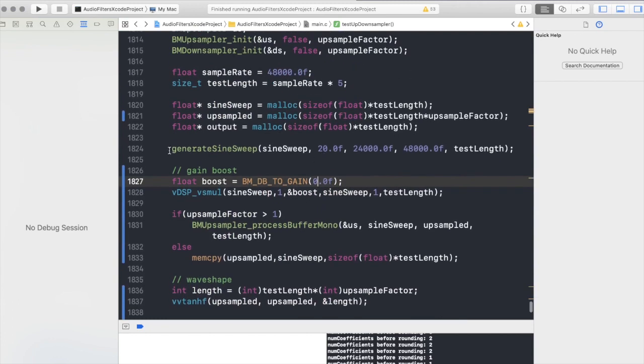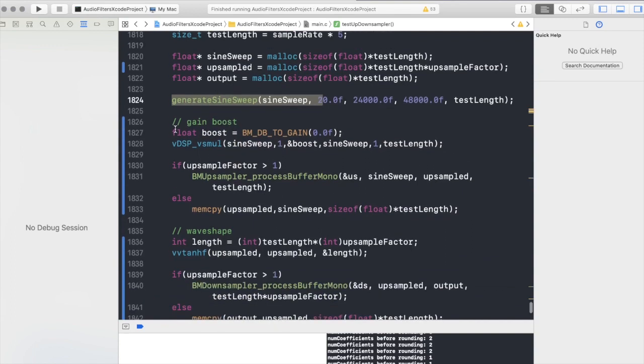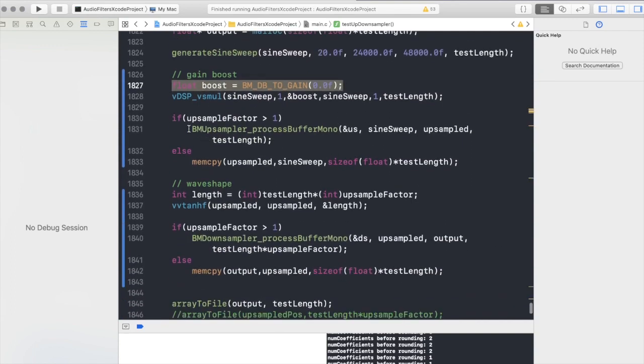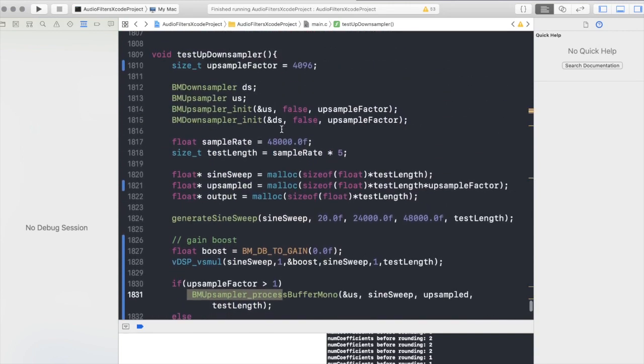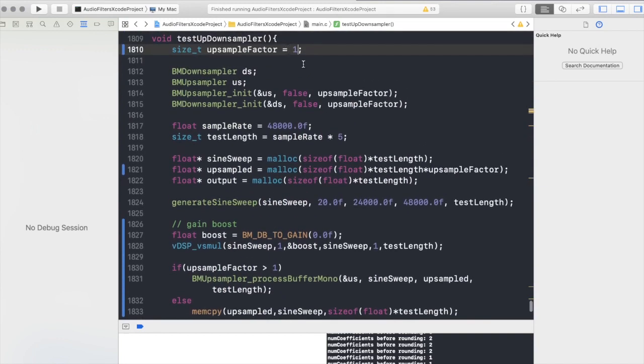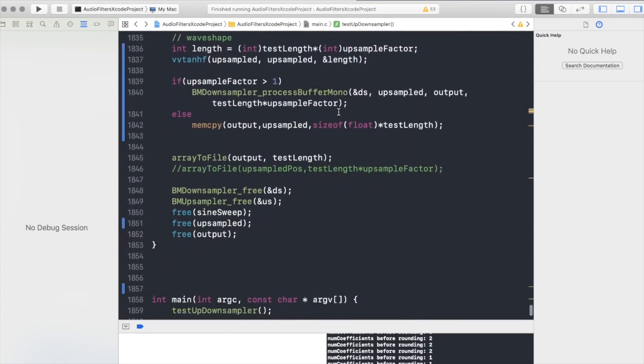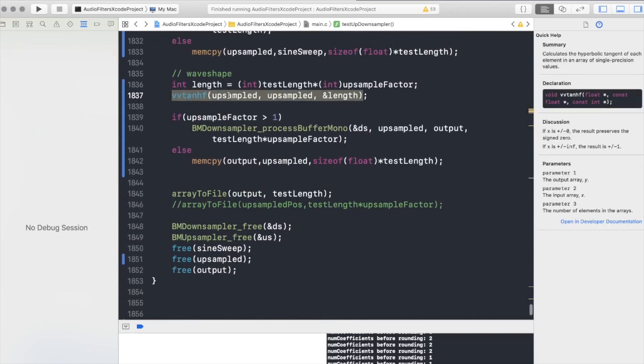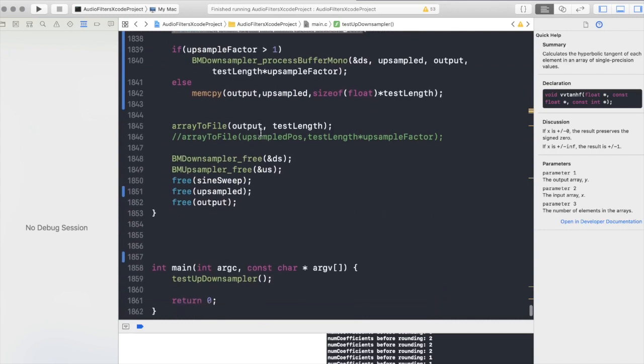So what I've got here is I'm generating a sine sweep. I'm boosting the gain, in this case by 0 dB, which does nothing. I am upsampling by a factor of, let's not upsample. Upsample by a factor of 1 means not upsampling. And then I am applying the wave shaper, I'm using the hyperbolic tangent, and then we'll downsample.